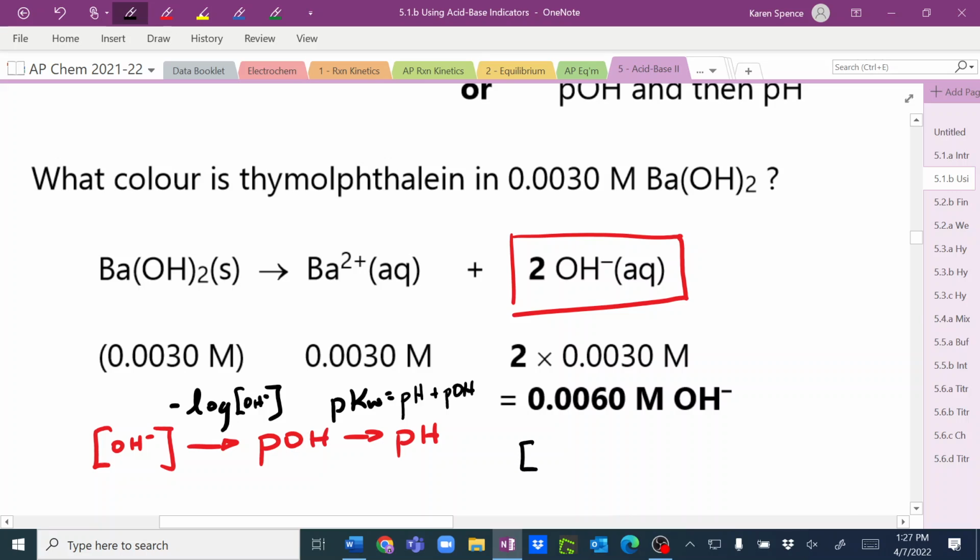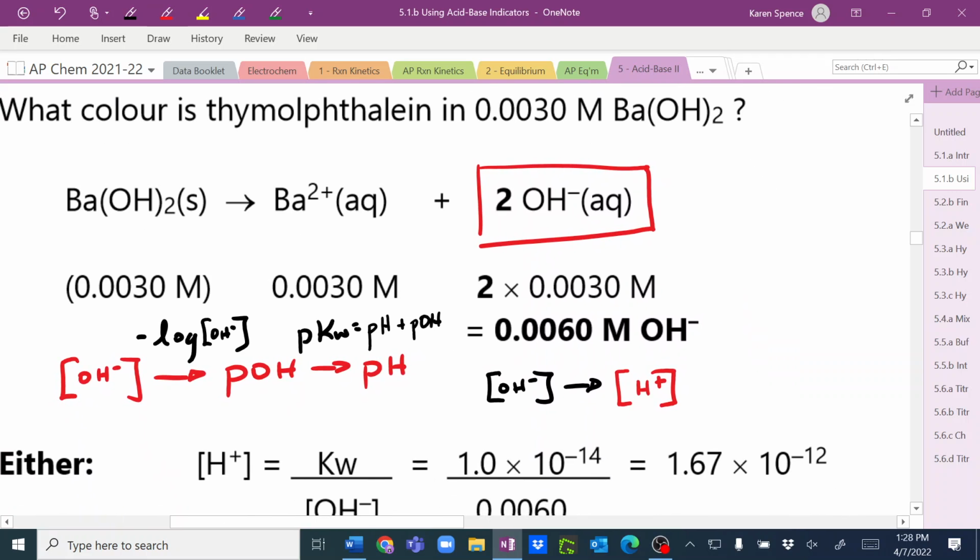You could go from hydroxide to, what else can you convert hydroxide into? You can convert it into pOH, or you can convert it into, yes? What's the relationship there?